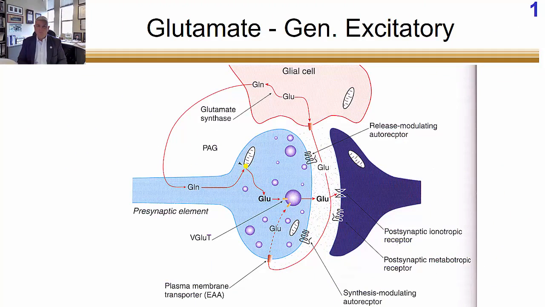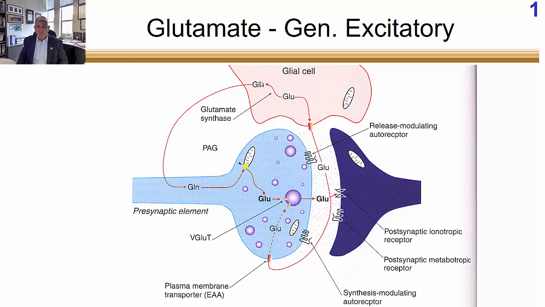So, I want to start today by going back one slide from the last lecture where I was wrapping up talking about glutamate, because glutamate and GABA are interlocked, so to speak, with each other in terms of synthesis pathways. Just to refresh your memory, glutamate synthesis happens in the axon terminal, and the precursor for that is glutamine.